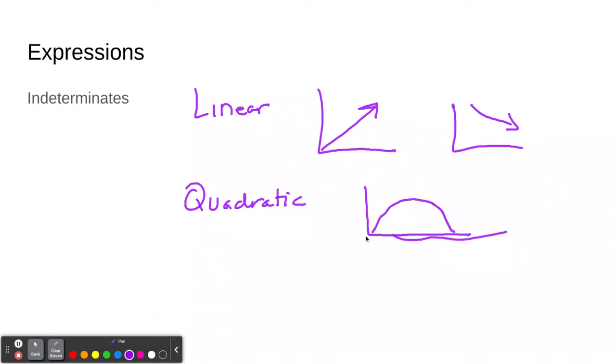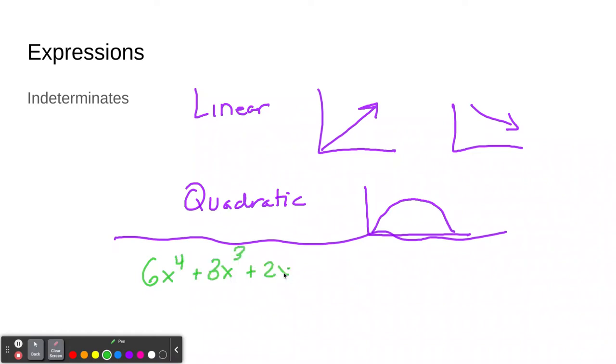All right, so let's make a line here. Maybe we'll go to green. I'll give you this: 6x to the fourth plus 3x to the third plus 2x plus 1. What is the degree of this? And how many terms?